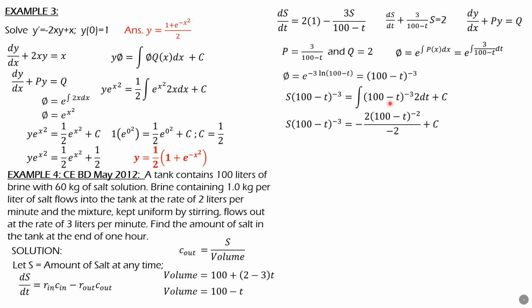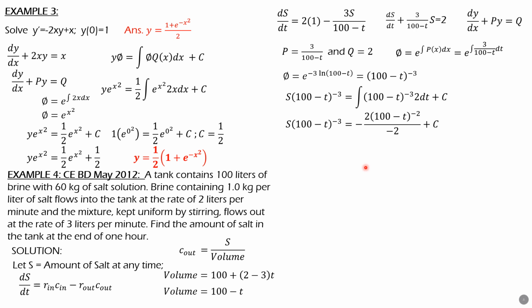So again, the integral of 100 minus t to the negative 3 times negative dt is 100 minus t to the negative 2 over negative 2. And since we made this negative dt, we make the 2 negative also.